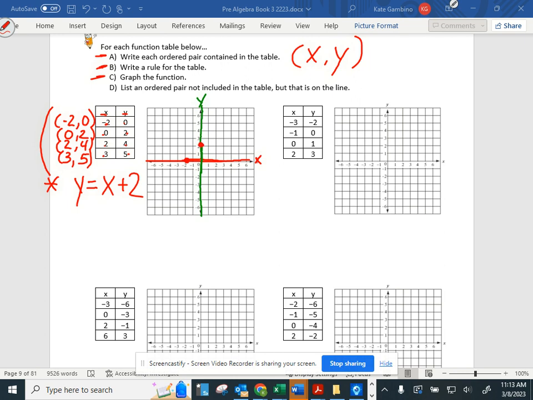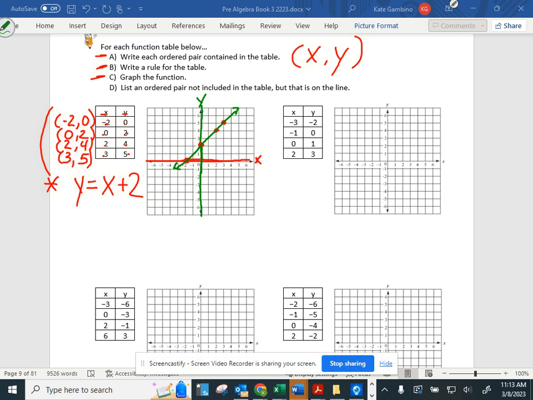I'm going to go to (2, 4), right at that corner where they all meet. And then (3, 5). I'm going to graph that line. So I'm going to draw my line. It is a line, so I put my arrows at the ends.